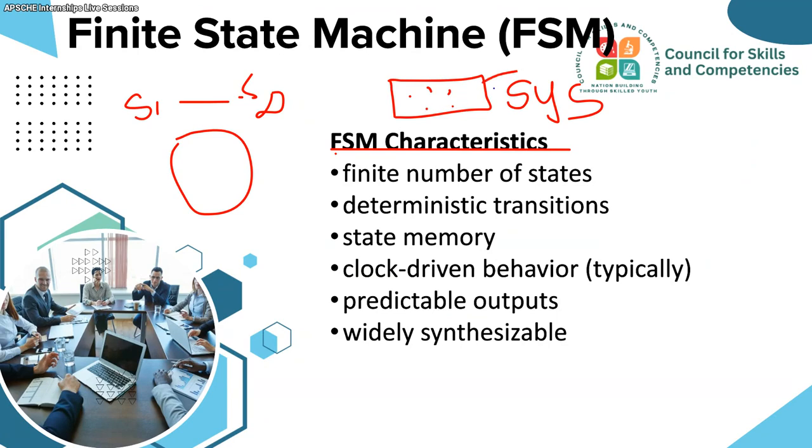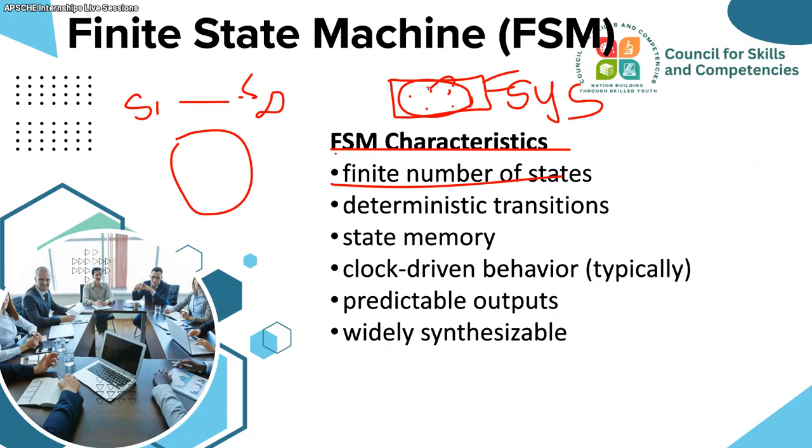Depending on the state, it will give the output. That is another thing. And all the states inside it have to be a finite number, and it is deterministic. It is not that sometimes it goes here, sometimes it goes there.